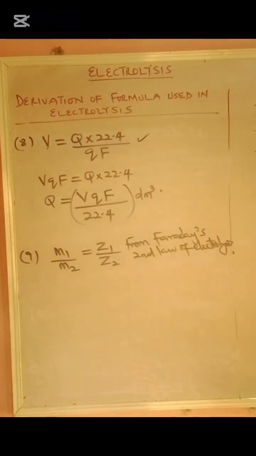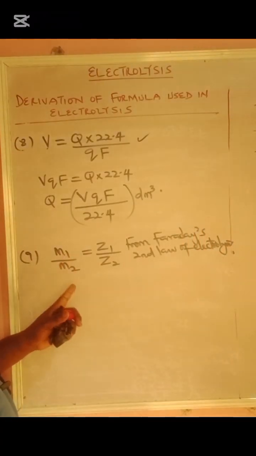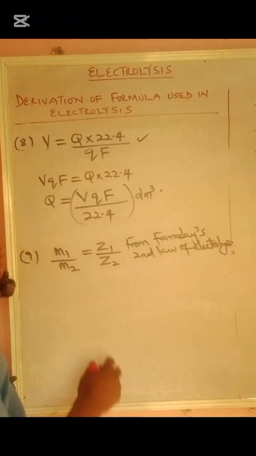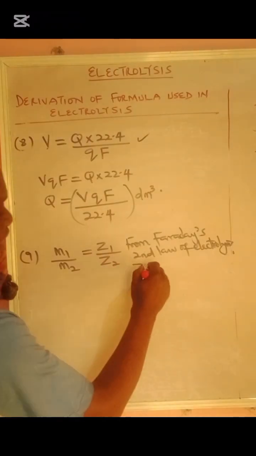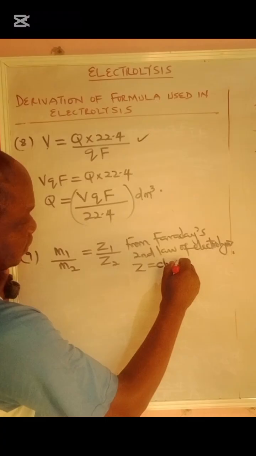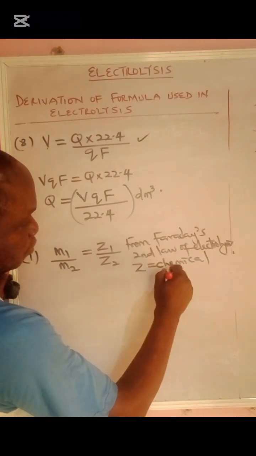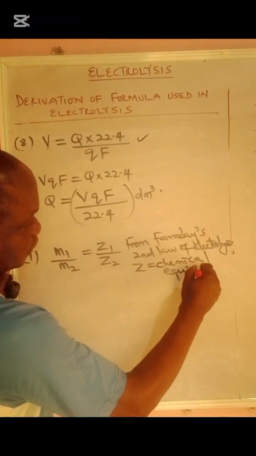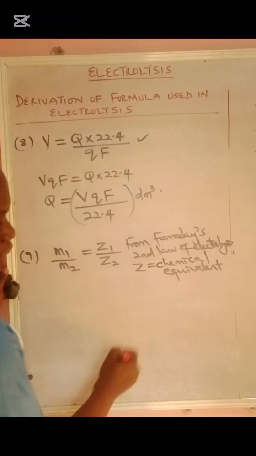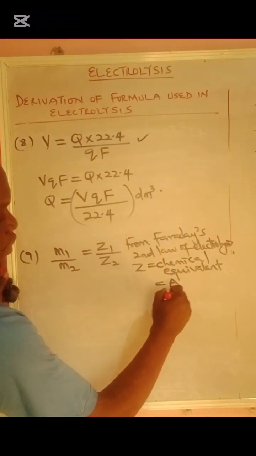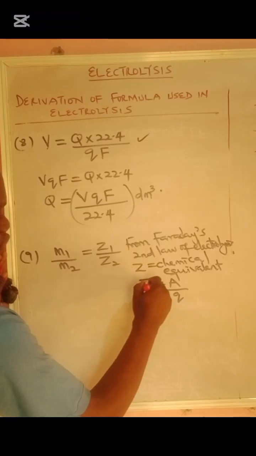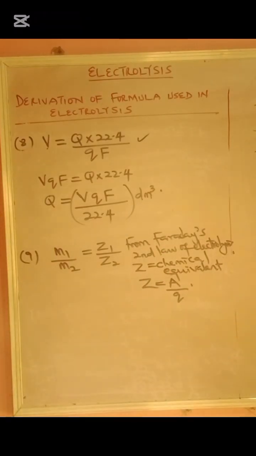That is what we go and check in my video there. Where Z does not mean electrochemical equivalent, it means chemical equivalent, which is not the same thing as electrochemical equivalent. Chemical equivalent is equal to atomic mass over charge. Take note of that. Go and check my video under Faraday's second law of electrolysis.